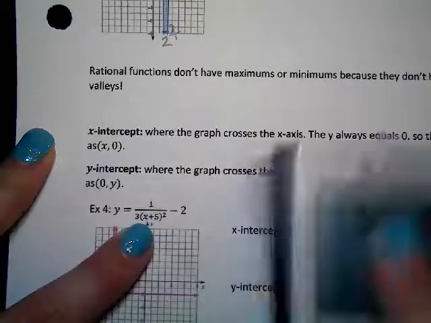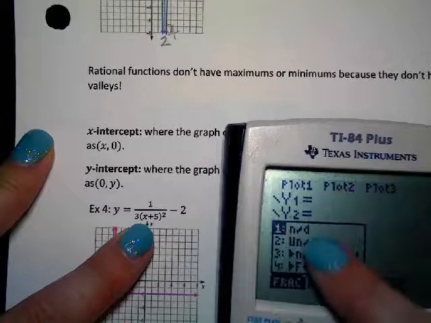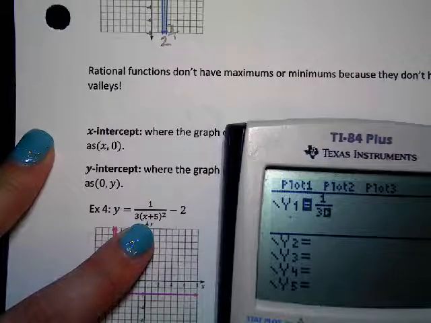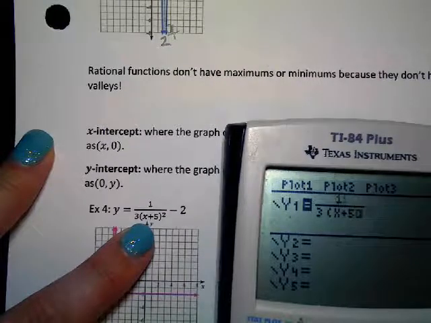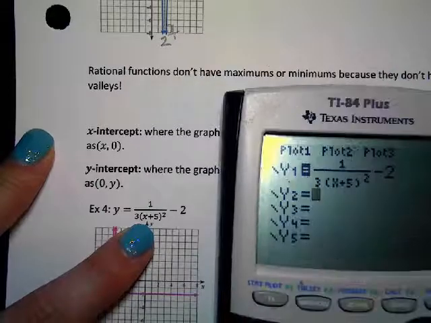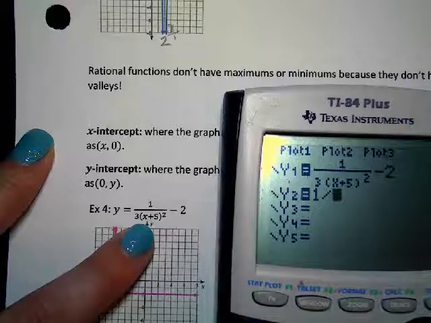We're going to do alpha y equals to get that fraction in there: 1 over 3, parentheses x plus 5 squared, minus 2. If you have an older calculator, you're going to type 1 divided by, and you're going to have to do a double set of parentheses.